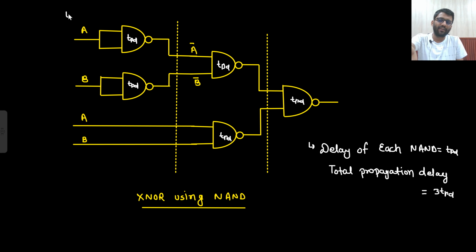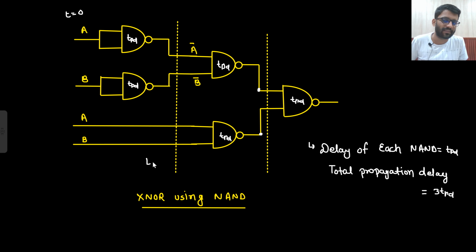If I apply input at t equals 0, then after TPD time you will get A bar and B bar here. After one more TPD, at 2 TPD time you will get something here, and this you will get after TPD time, but this has to wait for the other one because that will come after 2 TPD. This is there after 2 TPD, this is there after TPD. So 2 TPD plus TPD will be 3 TPD.